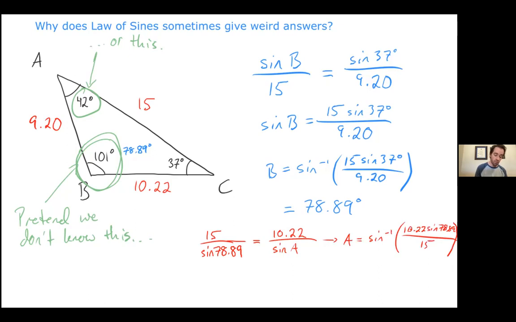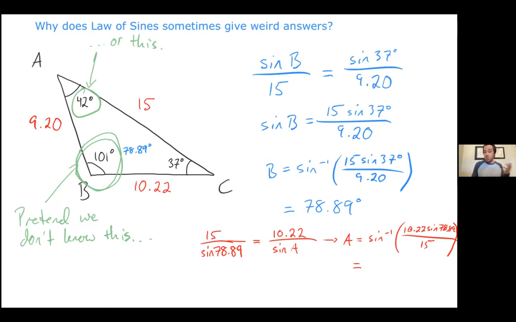So let's see, what does A end up being now? If we played our cards right, this will show why that initial value is actually a problem. Sine of 78.89 and then divide by 15 on the inside.